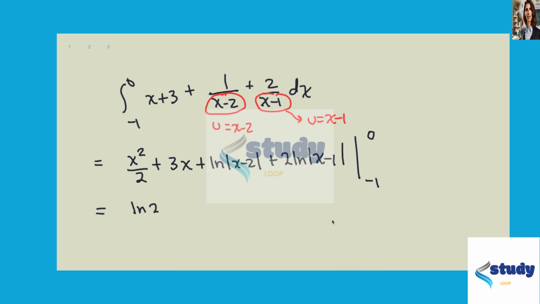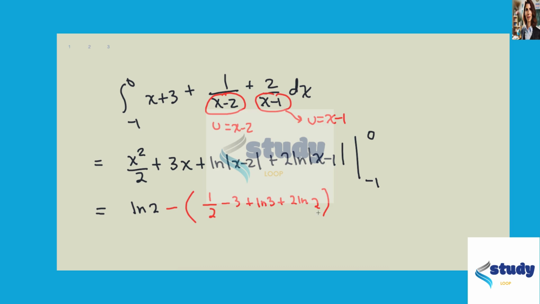So we just have ln of 2 for 0, and then we plug in -1. So (-1) squared over 2 is 1/2. 3 times minus 1, so let's do minus 3 plus, then we have natural log of the absolute value of -1 minus 2, so that becomes a 3, plus 2 times natural log, similarly this becomes 2.